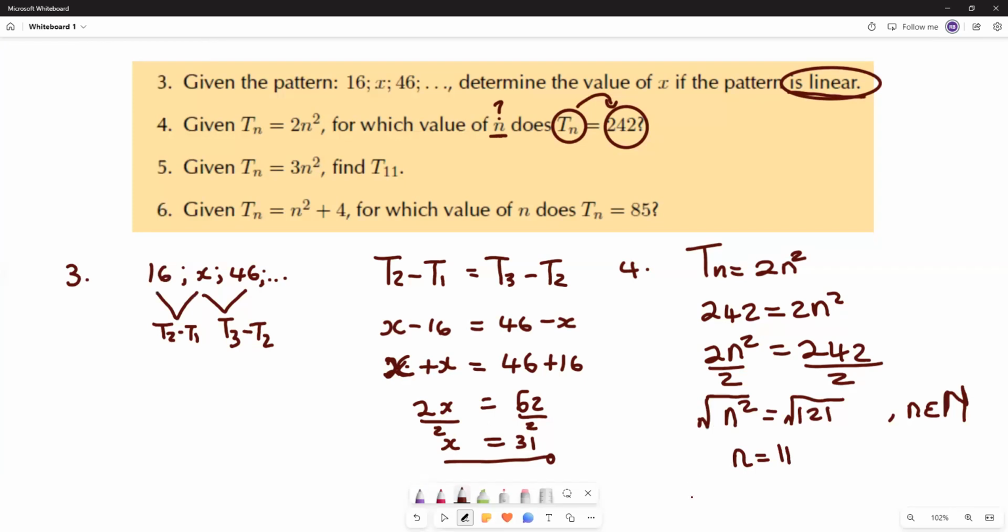Then you can make the conclusion to say, therefore, the 11th term will be equal to 242. And that's it with that, ladies and gents.